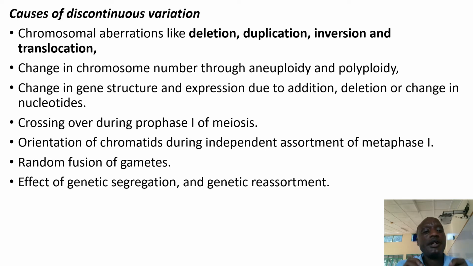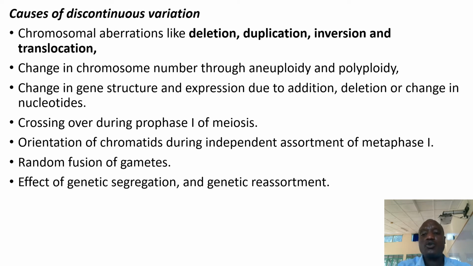Again, there is also a change in gene structure and expression due to addition, deletion, or change in nucleotides. Once we finish variation, we shall move to the next unit, which is mutation.